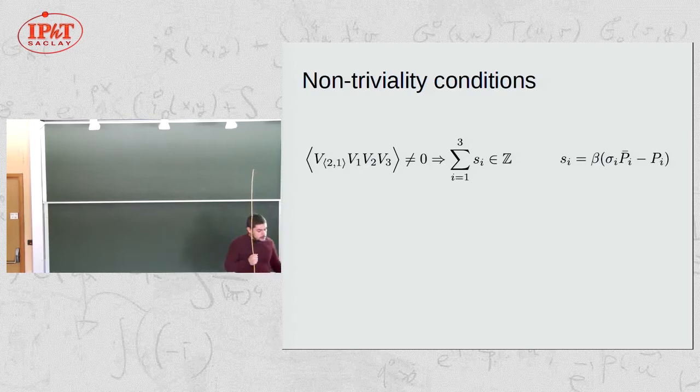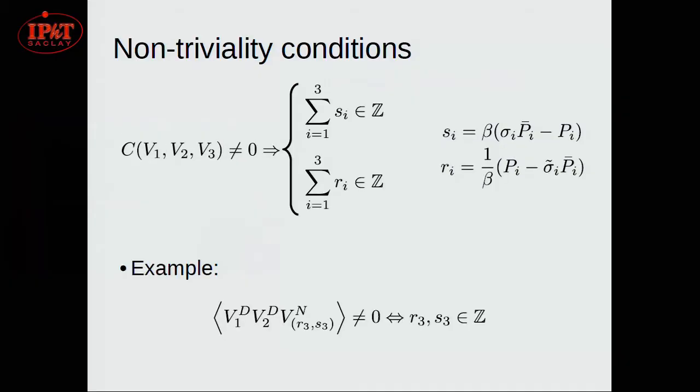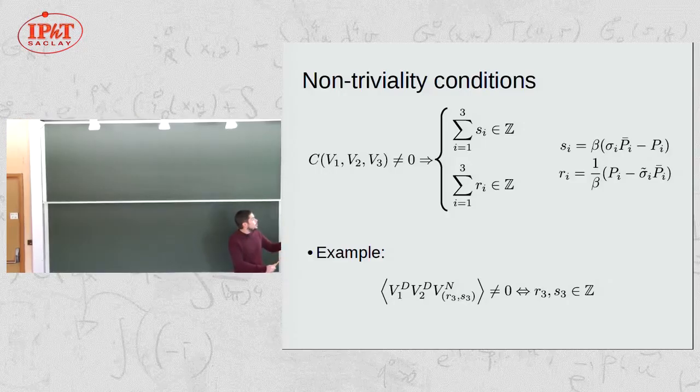Now we can understand this constraint as a property of the 3-point structure constant, and thus we say that these constants will be non-zero only provided that the sums of both the indices R and S are both integers. This has consequences on which kind of 3-point functions we can have. For instance, if we were to compute a 3-point function between two diagonal fields and one non-diagonal field, this would only be non-zero provided the indices of the diagonal fields are both integers.